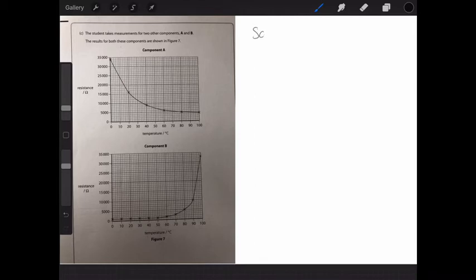So I would talk about resistance changing with temperature. Something else that's similar about them, neither one of them is a straight line. Both graphs are what we call non-linear, both curves. Both relationships are non-linear relationships.